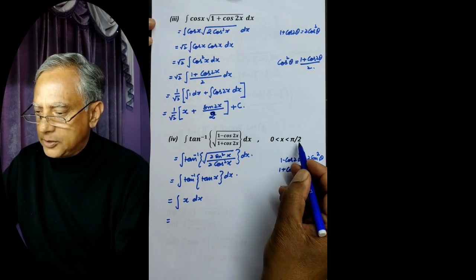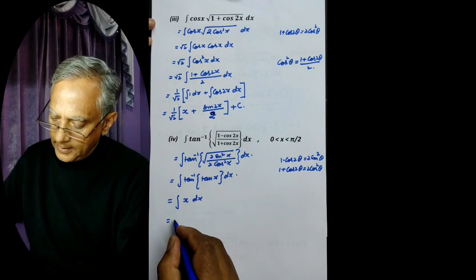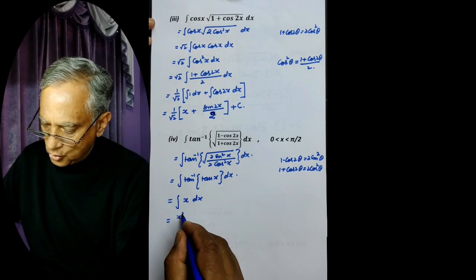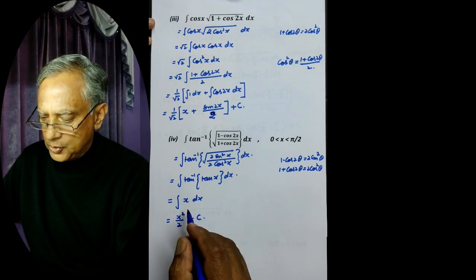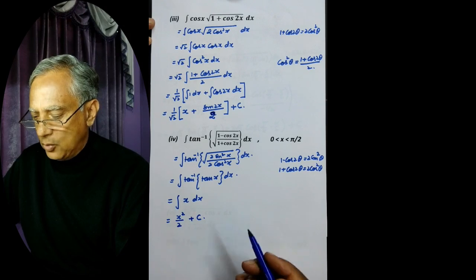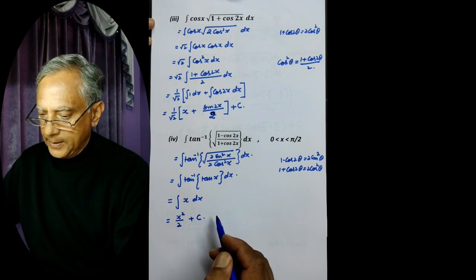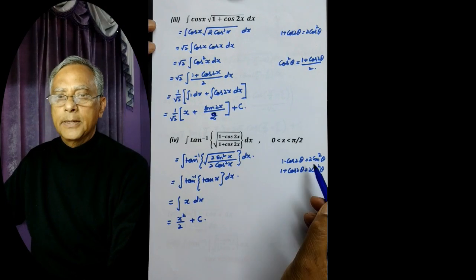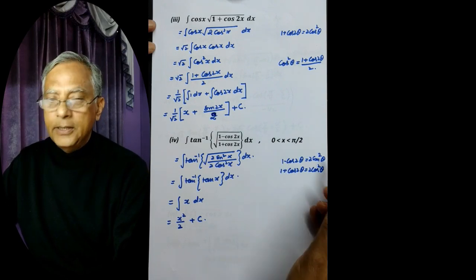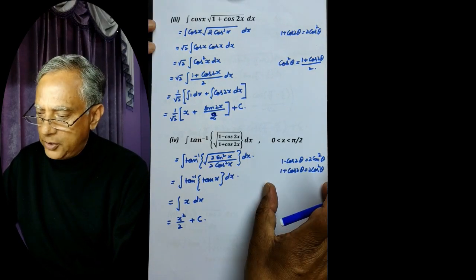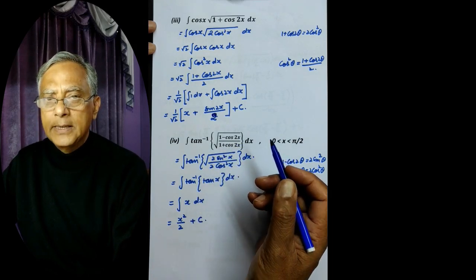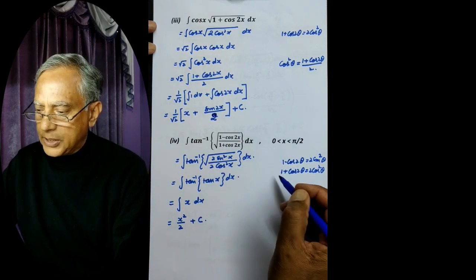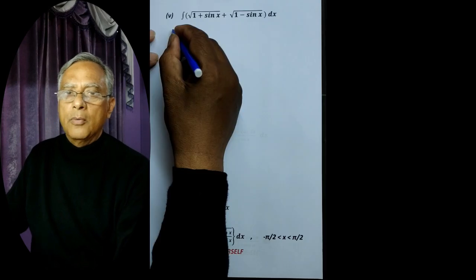X lies in 0 to pi by 2, and therefore this is equal to x square by 2 plus c, x to the n plus 1 over n plus 1. So this is the answer. These two formulae are very useful. Whenever you see 1 plus cos 2x or 1 minus cos 2x, you can always try these formulae.